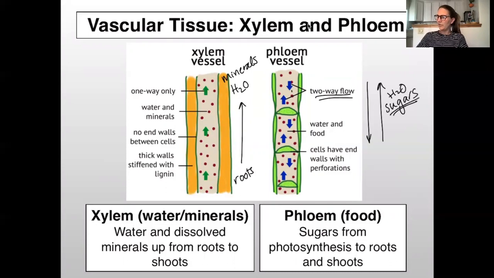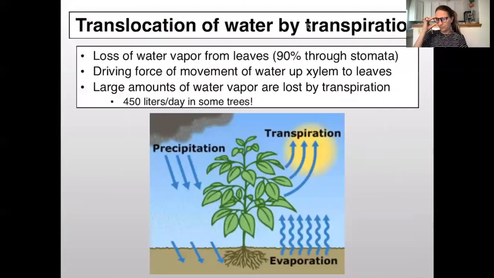So remember, if we have photosynthesis out here on the plants, the photosynthesis is going to make sugar. That sugar is then going to have to travel down into all of these different areas, such as the roots and other parts of the shoots, for the mitochondria to then use it, right?